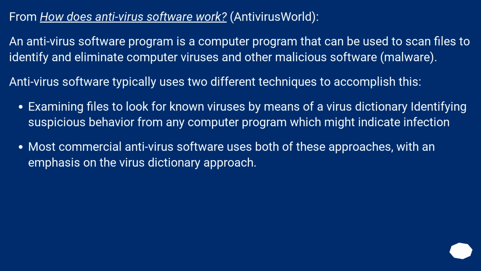Examining files to look for known viruses by means of a virus dictionary, and identifying suspicious behavior from any computer program, which might indicate infection. Most commercial antivirus software uses both of these approaches, with an emphasis on the virus dictionary approach.